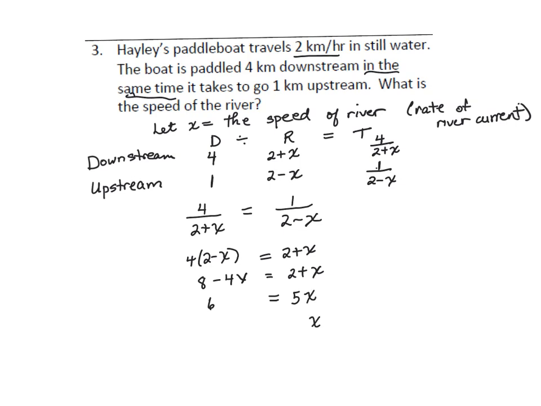And x is equal to 6/5. So the answer is, what is the speed of the current? The speed of the current is 1 1/5 kilometers per hour, which is equivalent to 6/5. And that would take care of our first problem.